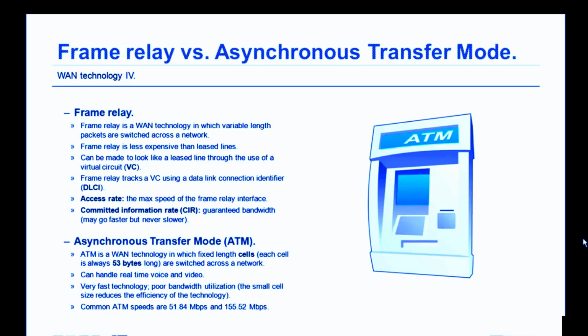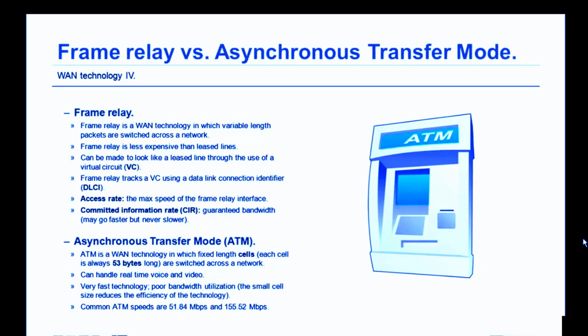Now let's talk about asynchronous transfer mode, also known as ATM. ATM is a WAN technology in which fixed-length cells are switched across a network. These cells are always 53 bytes long. ATM can handle real-time voice and video because it's very fast, but it has poor bandwidth utilization.